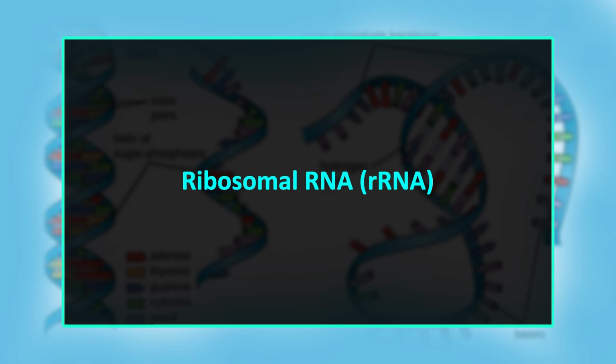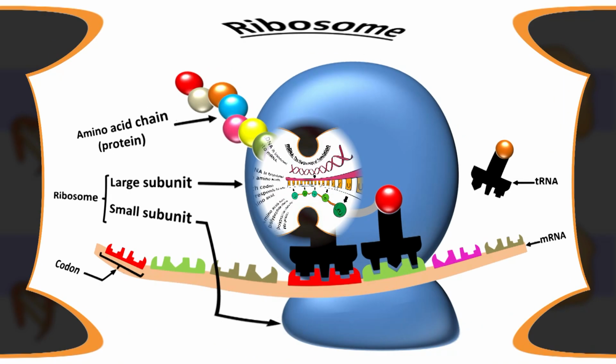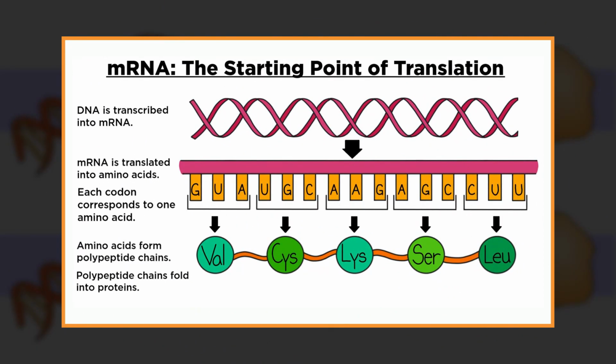Now let us discuss the ribosomal RNA or rRNA. This RNA molecule in cells forms part of the protein-synthesizing organelle known as the ribosome, and is exported to the cytoplasm to help translate the information in messenger RNA, that is mRNA, into a protein.